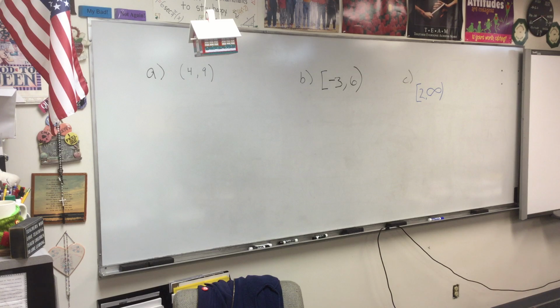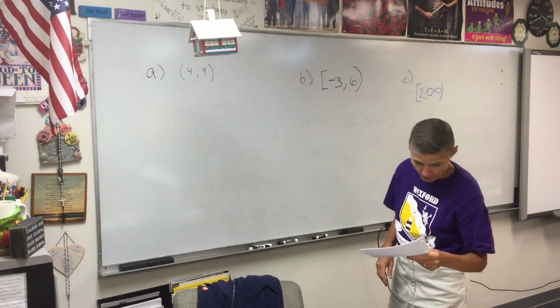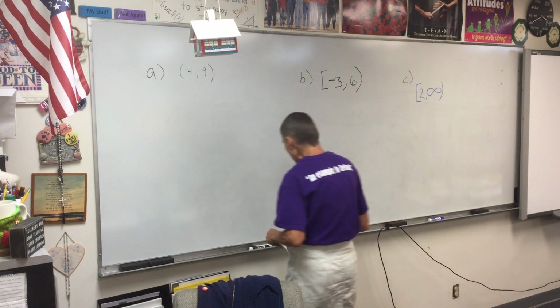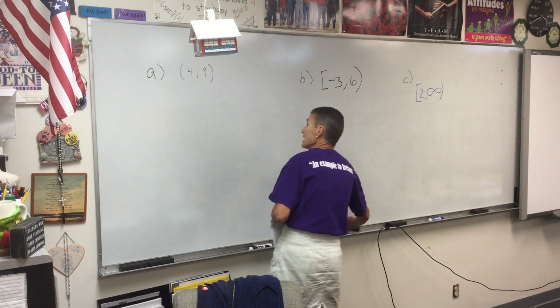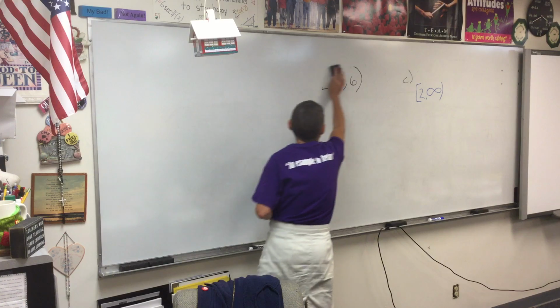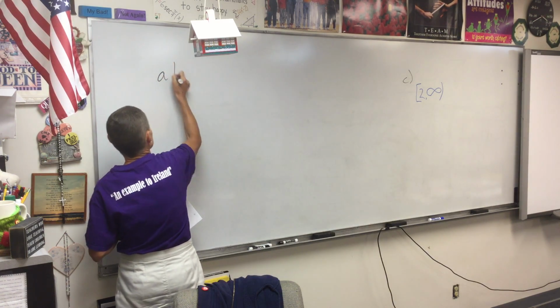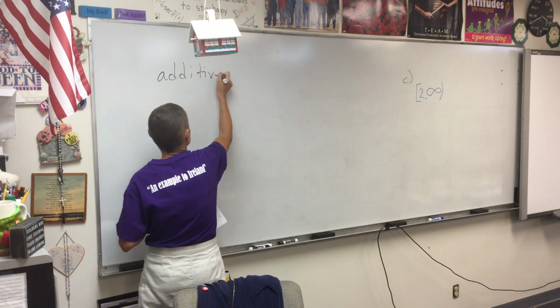All right, now we're switching gears. When we look at number 5, now we're talking about additive inverse. Does anybody have any idea, good work by the way, and thank you for coming up and doing it, what we mean by additive inverse?